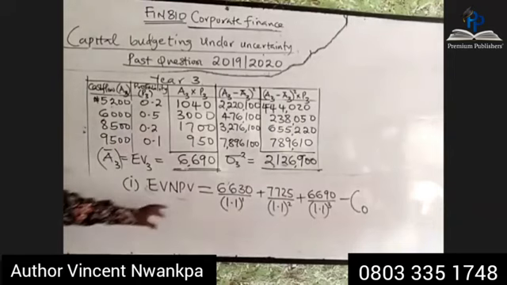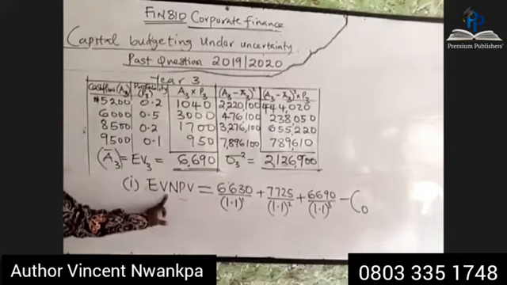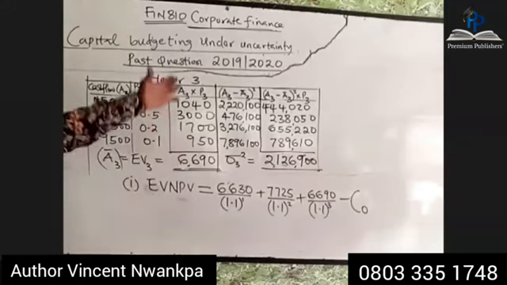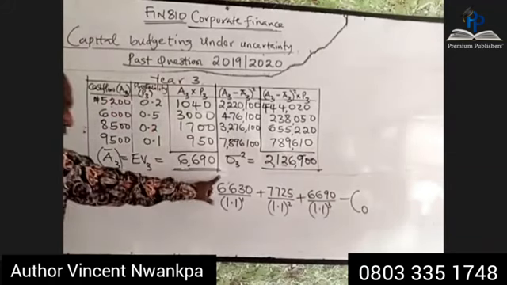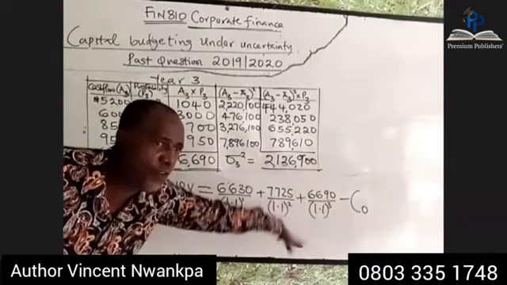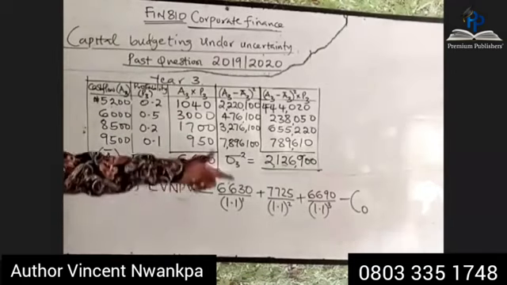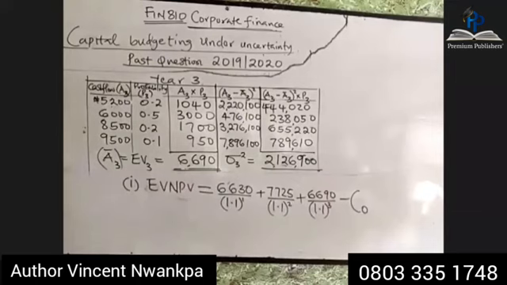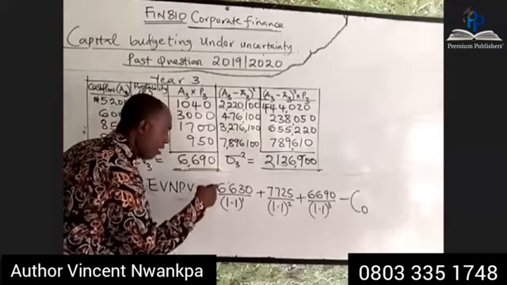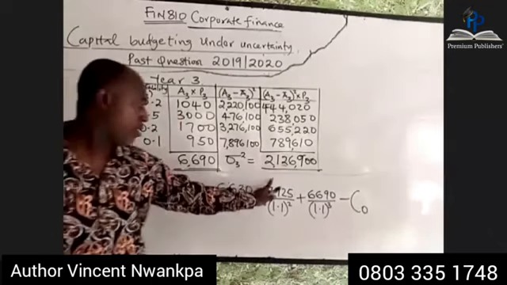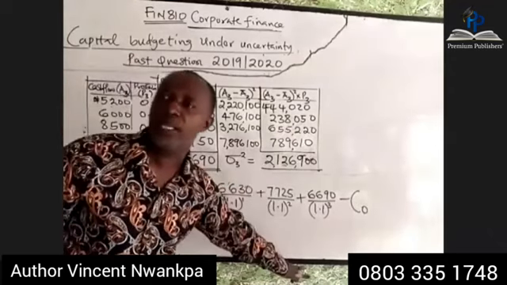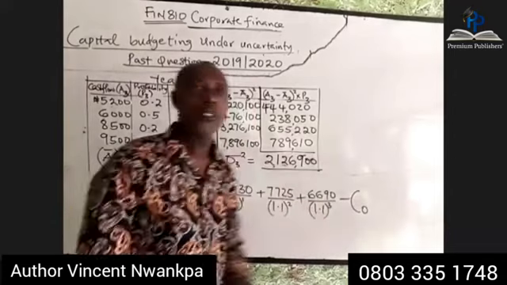What they want is for us to get the expected value. That expected value forms our real cash flow, and we do NPV, which is this over this plus this over this plus that over that minus CO. Our CO is 14,000 in the question. You now press your calculator as usual: 6,630 into 1.1 raised to power minus 1, plus this, minus 2, plus that, minus 3, minus 14,000.